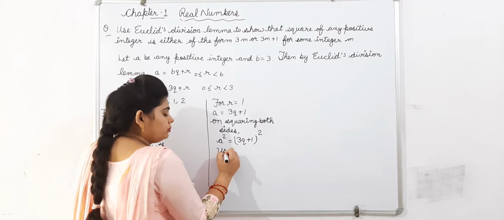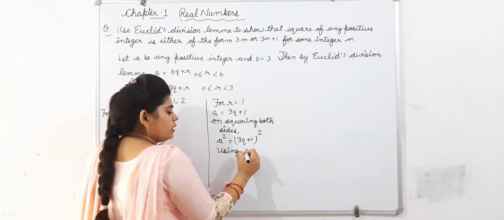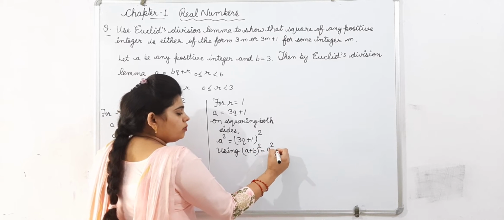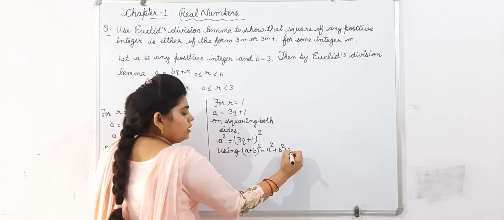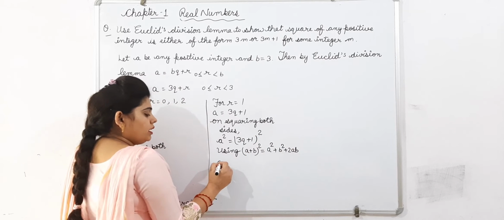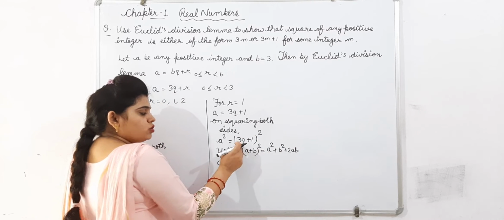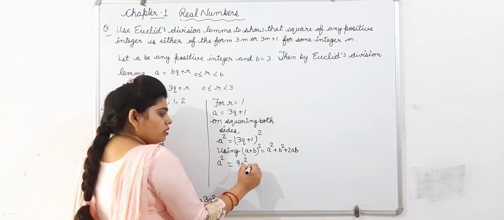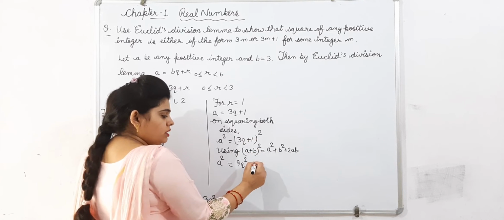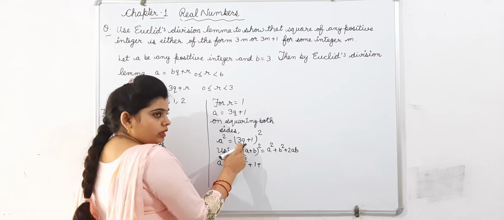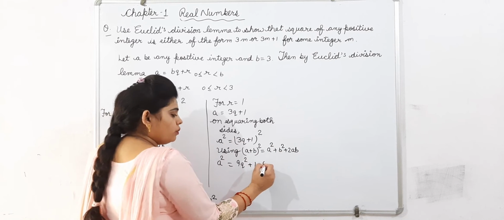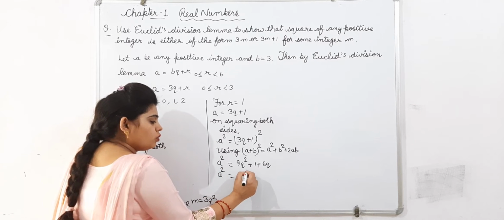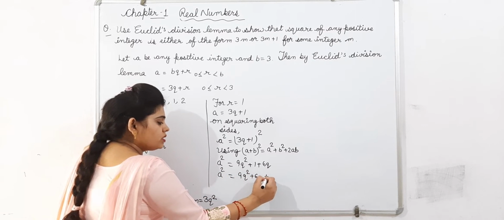Using a plus b whole square, it will equal a square plus b square plus 2ab, and it can be written as a square is equal to a means 3q, and 3q square means 9q square, b square means 1 square means 1, 2ab, 2 into 3q means 6q. Now on rearranging, we will get 9q square plus 6q plus 1.